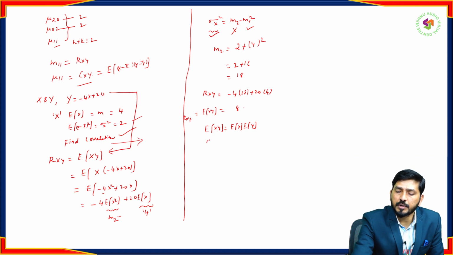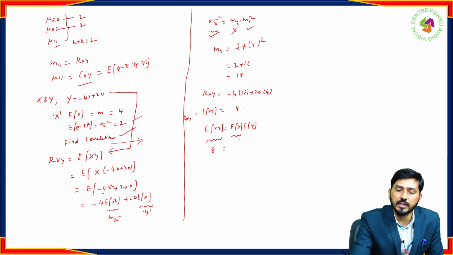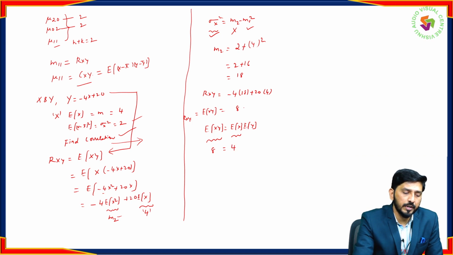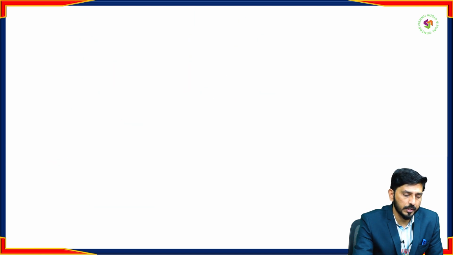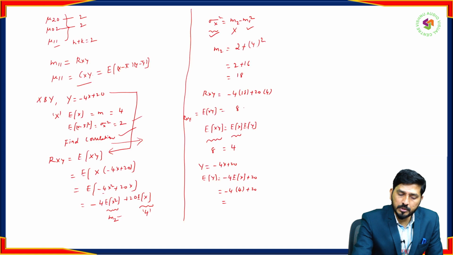Now see, expectation of xy is 8. Expectation of x is already given, that is 4. Now what is expectation of y? How to find expectation of y? We have y equal to minus 4x plus 20. Expectation of y is equal to minus 4 expectation of x plus 20. So minus 4 times expectation of x, which is 4, plus 20, which gives expectation of y equal to 4.